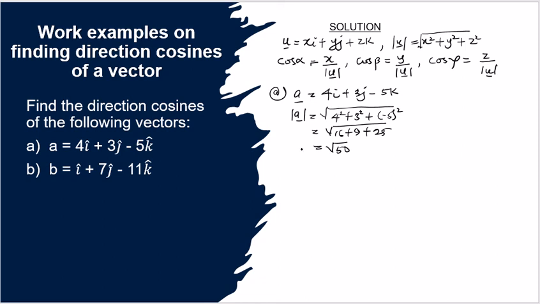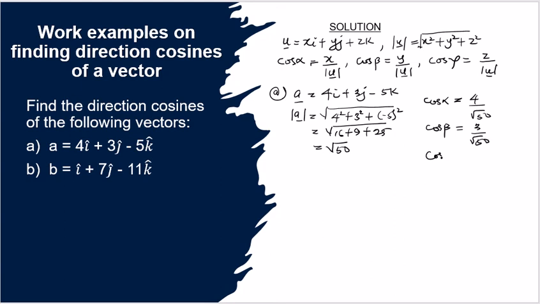The next thing for us is to obtain the direction cosine. So the direction cosine for this vector will be, for the first unit vector along the x-axis, cos alpha, that's 4 over root 50. Then the direction cosine of the unit vector along the y-axis will give us 3 over root 50.